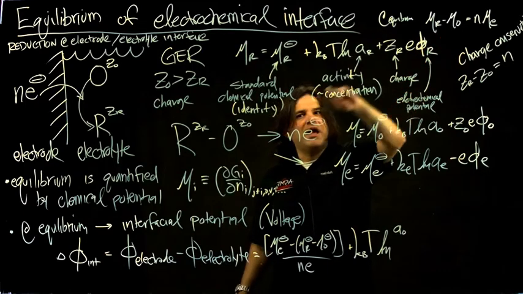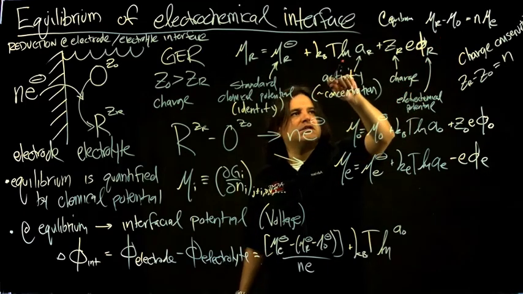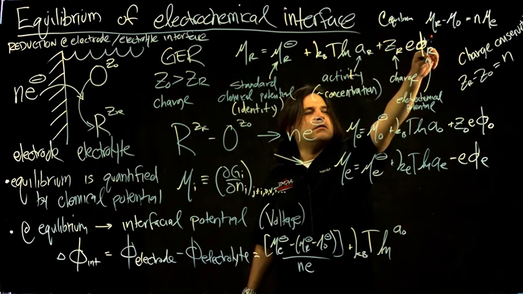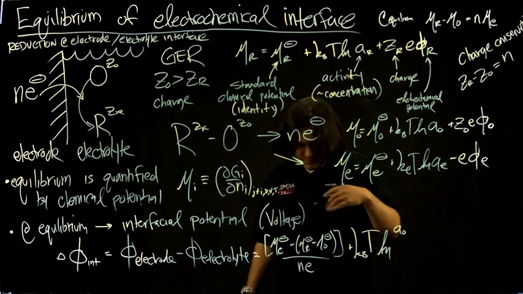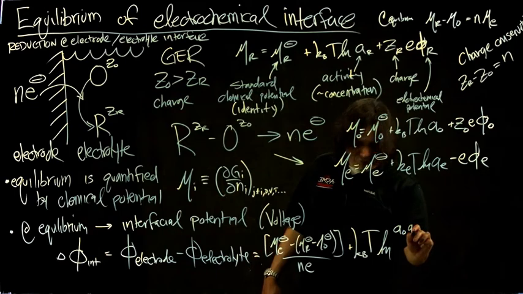If you do the math with all of these natural logs, the natural log of MR minus the natural log of MO, you can convert that to a division, a ratio.